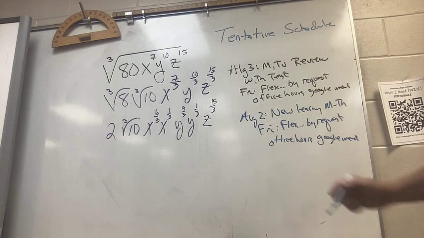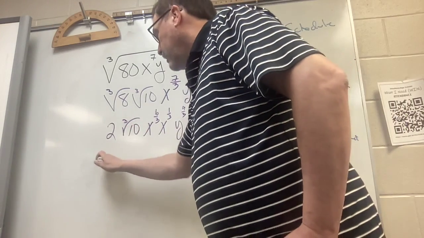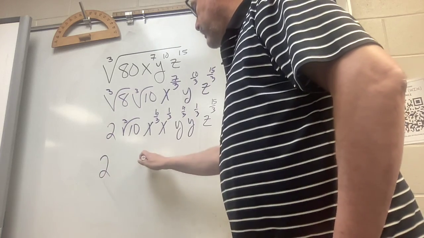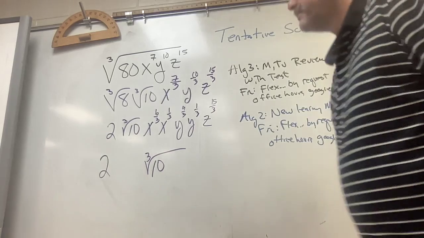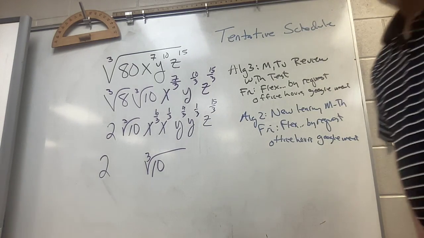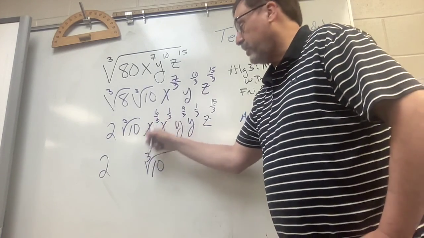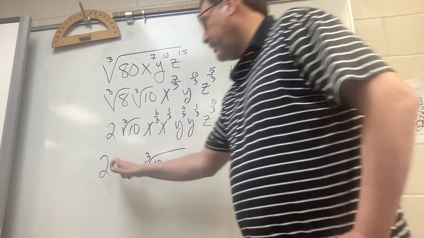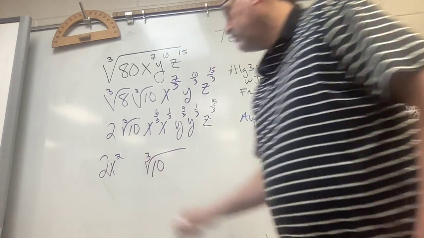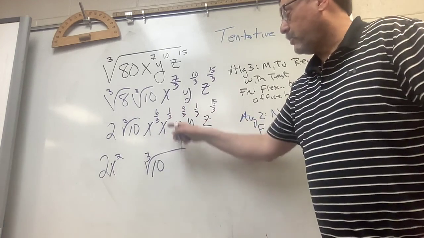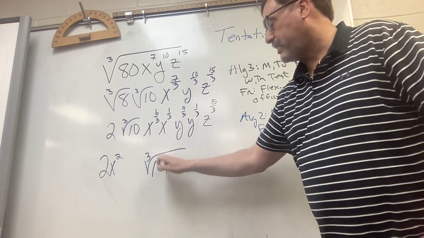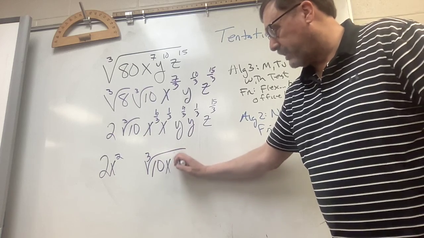All right, here we go. I'm going to have the 2 here, and then I'm going to have those that are still cube roots, the cube root of 10. So 6/3 is the same as x to the 2nd. X to the 1/3 stays as x to the 1/3.